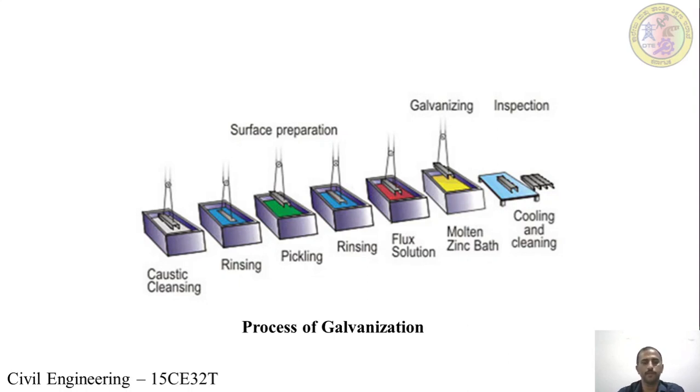First, the iron pipe material undergoes caustic cleansing, then rinsing, then pickling, then again rinsing, then it is dipped in the flux solution, then the important stage, it is dipped in the molten zinc bath and is removed, cooled, cleaned and inspected.